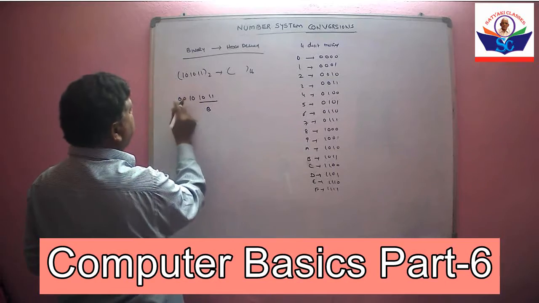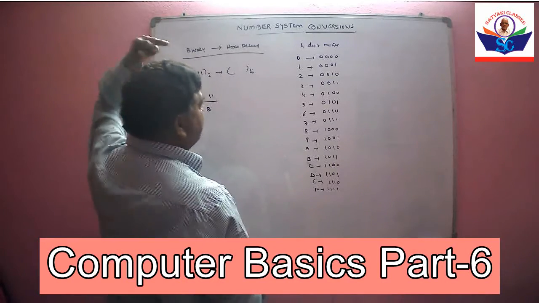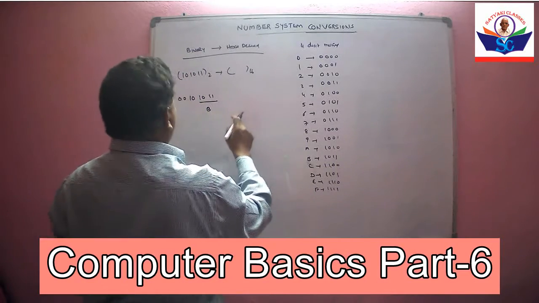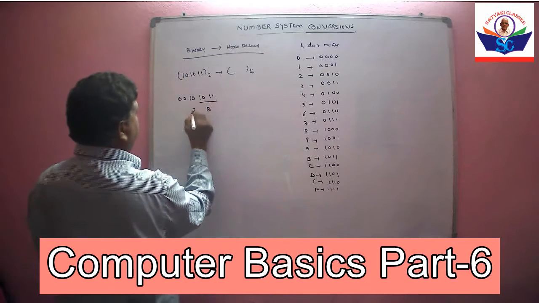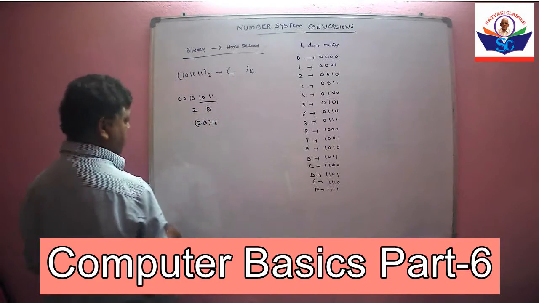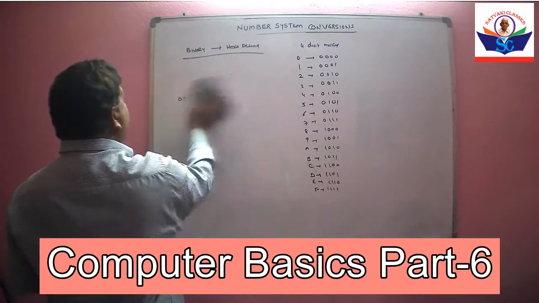We can add 2 zeros for these 2 digits, since they don't have any value. What is the value of 0 0 1 0? It is 2. So 2B in hexadecimal.